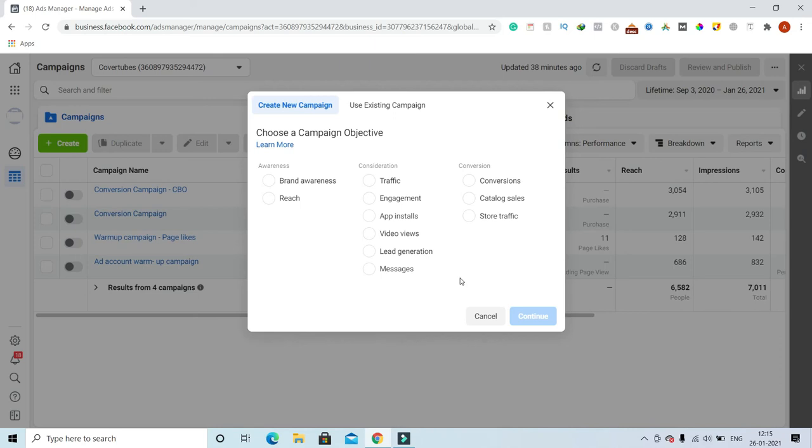Or suppose you are in the e-commerce industry and have some name in the market, or you already have a lot of people who have interacted with you. Then it does not make any sense to run an awareness campaign. All these things will completely vary depending on the business. Which things you should run and which you should not depends on the position the business is in.